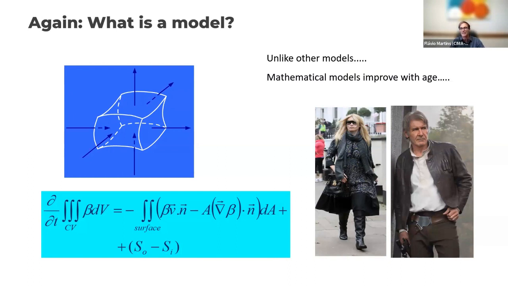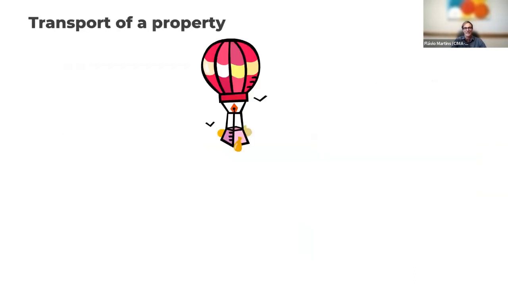But our mathematical models usually improve with age because they pass a lot of tests and we get experience with them and they get improved, and so they become better models, okay? Any question about what I've been saying here?